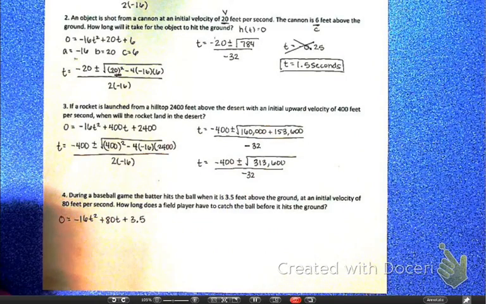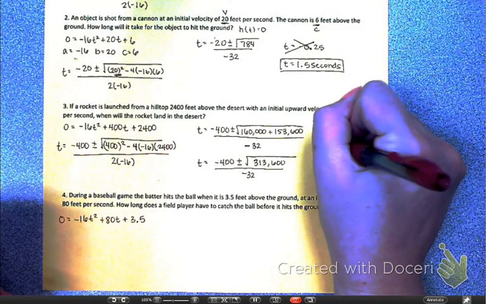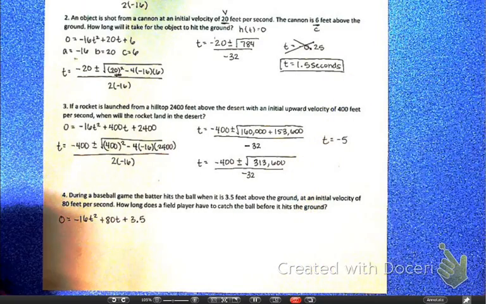Good thing you don't have to factor that, right? All over negative 32. So before you plug it into your calculator, you should have negative 400 plus or minus the square root of 313,600 all over negative 32.